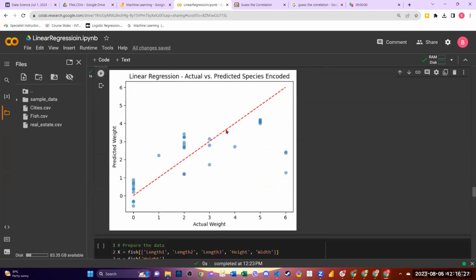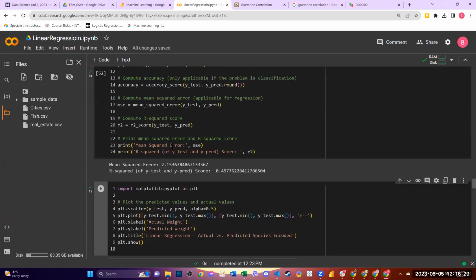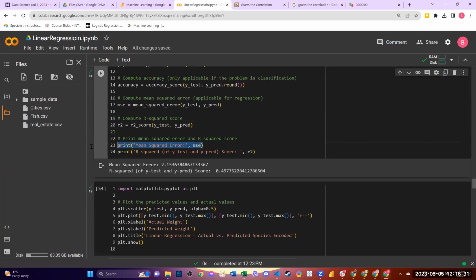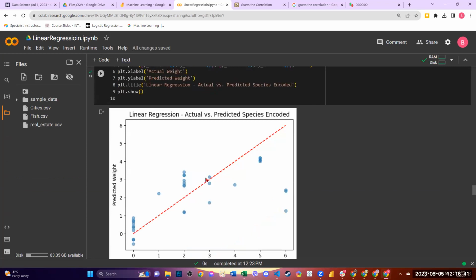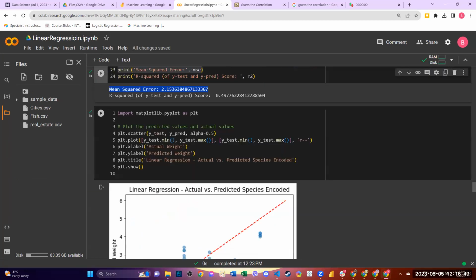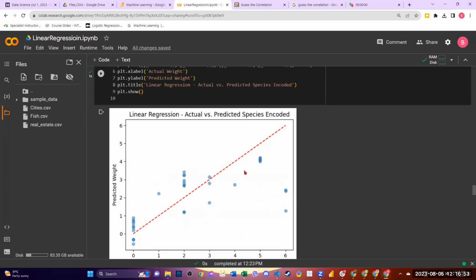So this is the species encoded, and our mean squared error is around 2, so 2.15. For our species encoded, it can accurately predict your species based on the data with 2.15 mean square error.